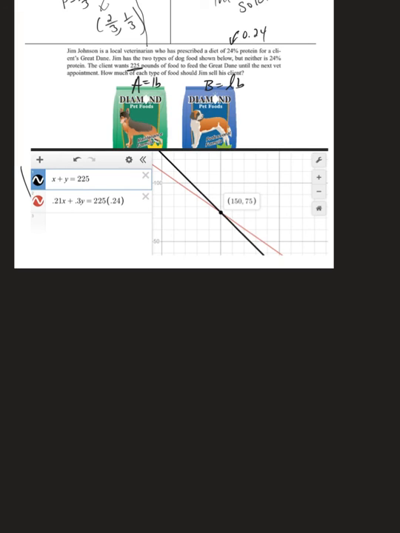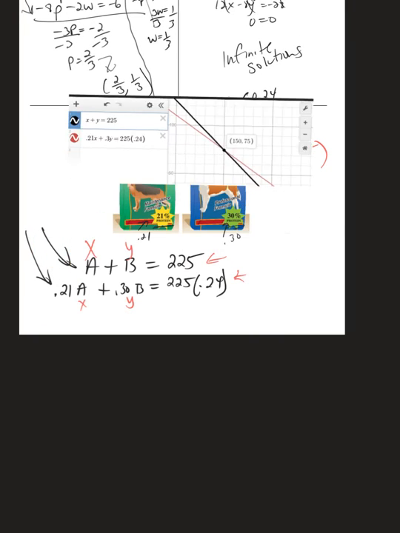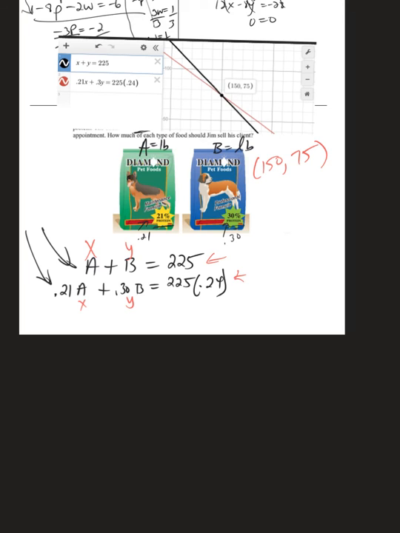The solution is 150, 75. If we interpret that in the context of the problem, that would mean that we need 150 pounds of bag A, which is 21%, and 75 pounds of 30% in order to have 225 pounds of 24%. Lots of stuff.